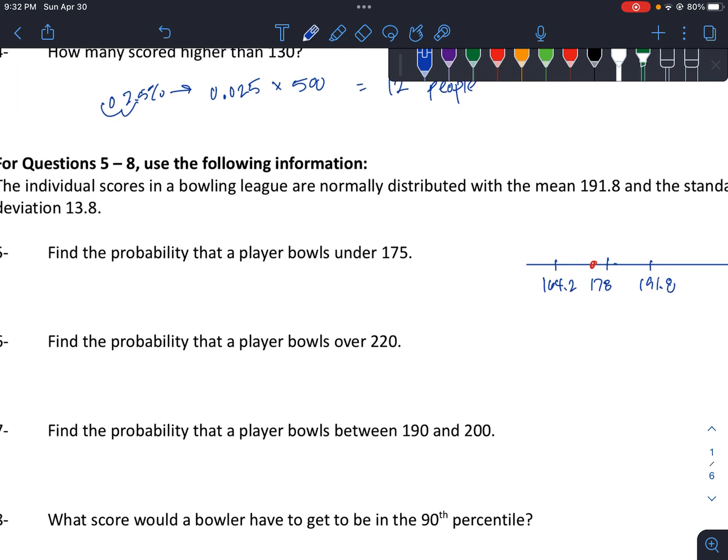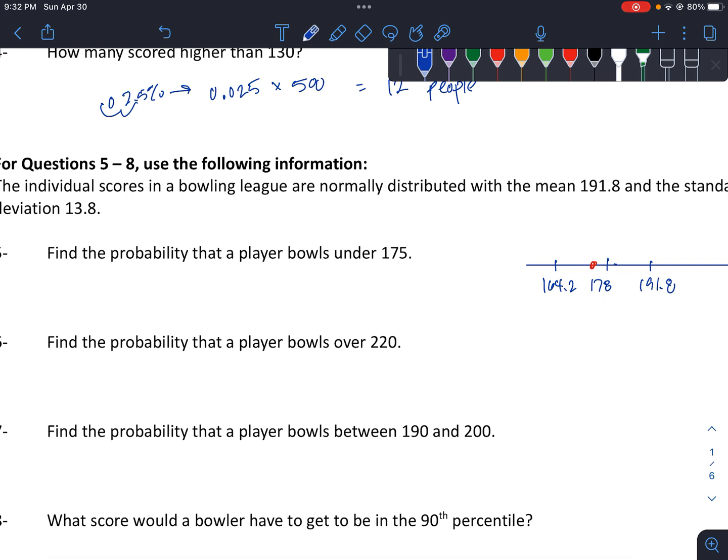So first of all, we need to convert this to a z-score. So we're going to say z is equal to, this is where you take the x value, which is 175. z is equal to x minus the mean, divided by the standard deviation. Sorry, I have these values mixed up. So 175 minus 191.8, and I'm going to divide that by 13.8.